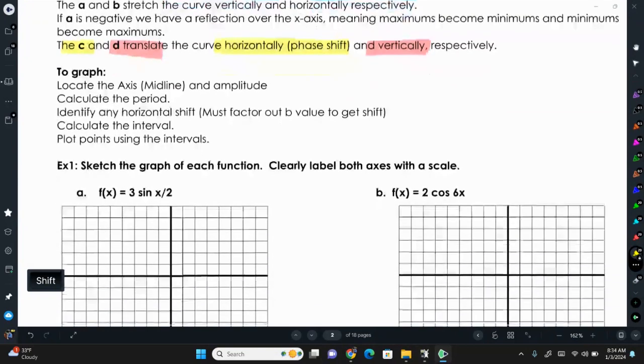So to graph, the first thing we want to do is locate the midline and amplitude. Then we're going to calculate the period, identify any horizontal shift, and like I said, we must factor out the B value if it's there.